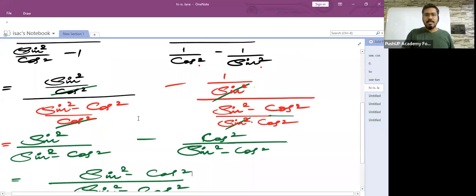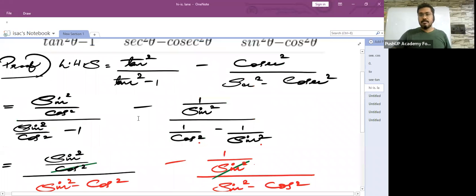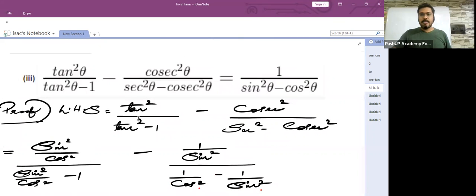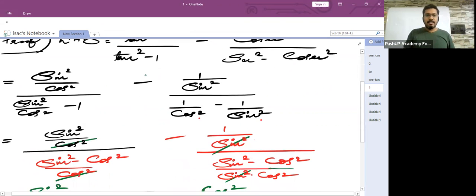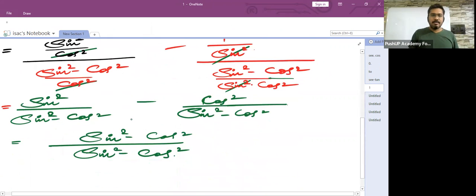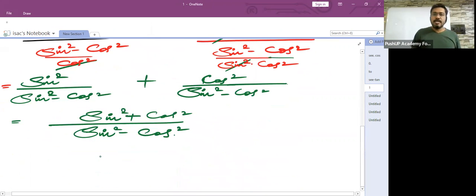Sorry, children. Listen. Again, there is a mistake in the question. It's plus sign, okay? There is not much damage like the previous one. Children, instead of minus, it is plus. Now do it. So sine square plus cos square is what? 1.